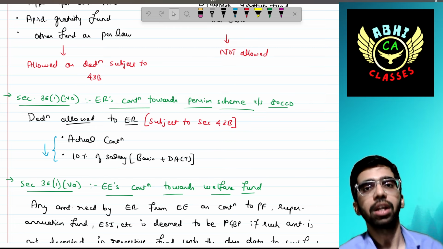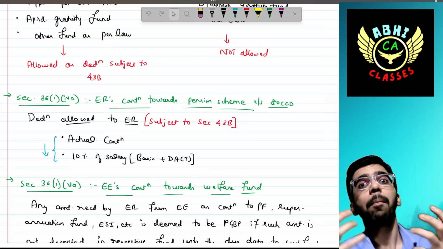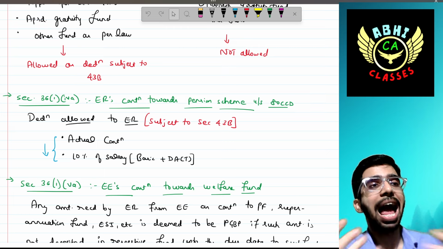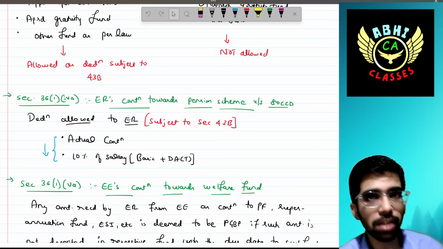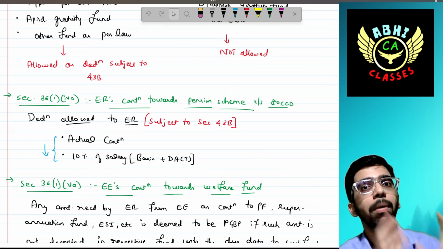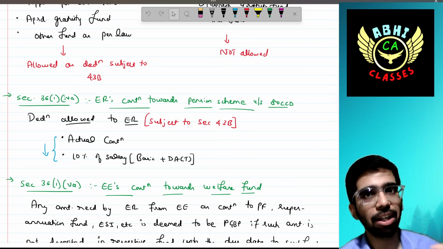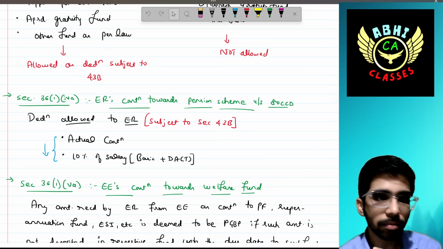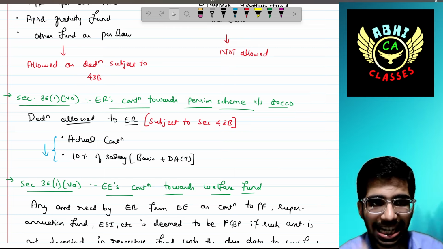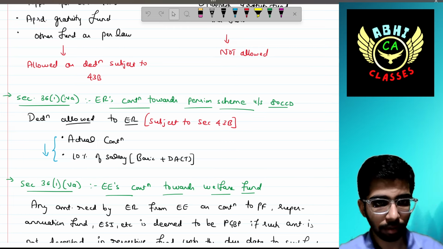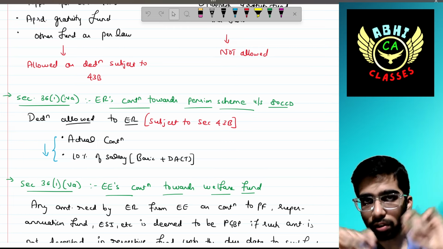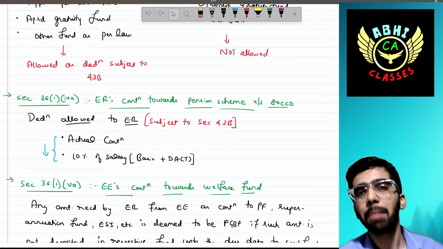But here, it is an expense to the employer. He has debited that expense in his profit and loss account, but it is restricted to some calculations as per the Income Tax Act. What do you mean by that? The deduction allowed to the employer is subject to 43B. Here also, subject to 43B is a must.